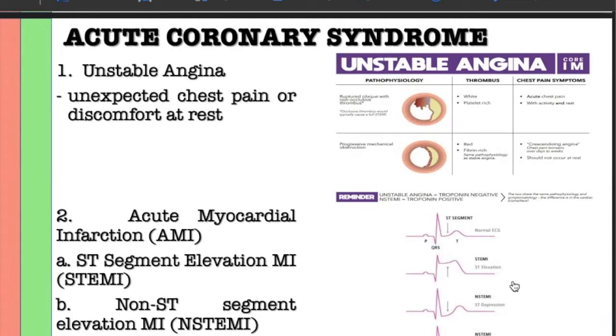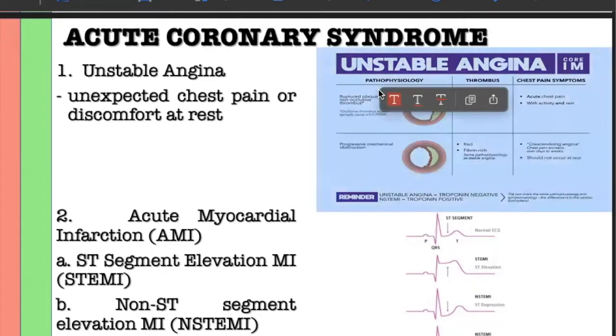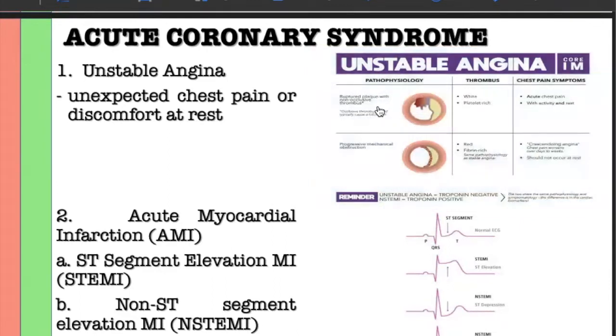So the first one here is unstable angina. If we say unstable angina, it is the unexpected chest pain or discomfort at rest. If you look at this illustration, there's already a ruptured plaque with non-occlusive thrombus.